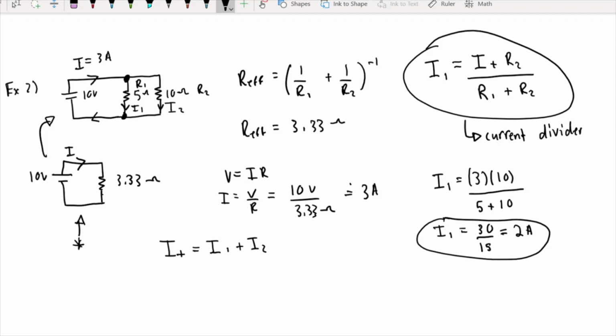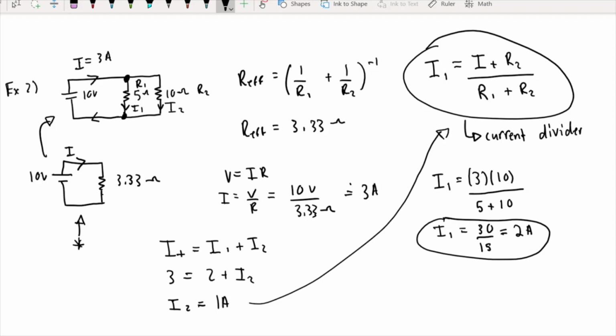You could simply solve for I2, now that we know I1, and say 3 equals 2 plus I2, then rearrange: I2 equals 1 amp. And you will also get the same answer if you simply plug it into the current divider, which is usually what I prefer to do because it avoids any silly mistakes.